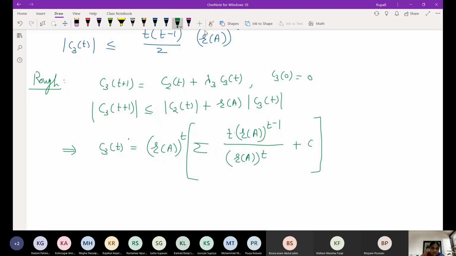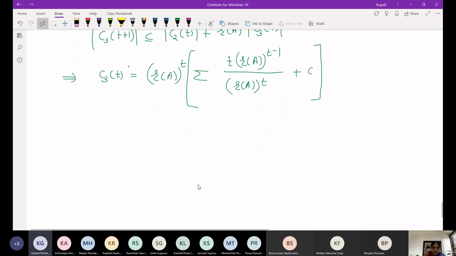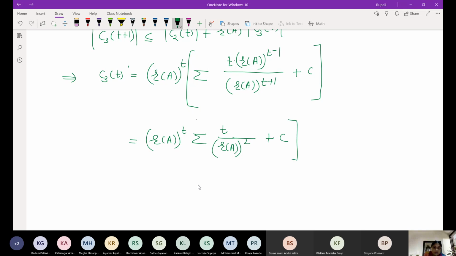Is that okay? Yes, ma'am. So what will this be? r of a raised to t summation t divided by r of a only, right? Yes. It is t plus 1, so here it will be t plus 1 square, and plus some constant.